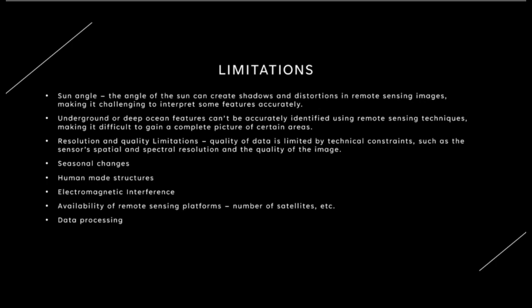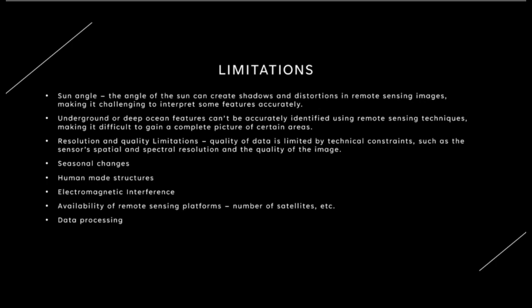Here on this slide, I've listed some limitations of remote sensing. At the top are seasonal changes. Remote sensing data can be affected by seasonal changes such as vegetation growth, snow cover, or changes in weather patterns, which can affect the accuracy of the data. The impact of seasonal changes can limit the usefulness of remote sensing data in some applications.